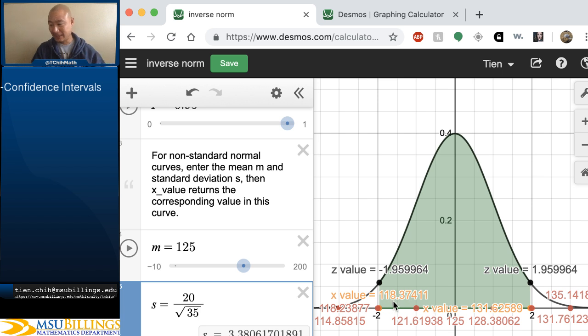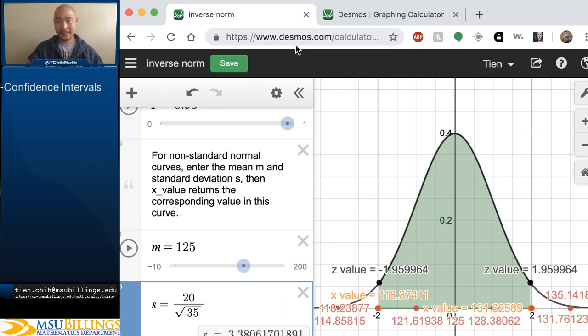Then that gives me on the left an x value of 118.37, and an x value on the right of 131.63. On the homework, you might want to round a bit more than this, but I'm just doing this for shorthand's sake. You can all see the decimal expansions go on for a little bit more.